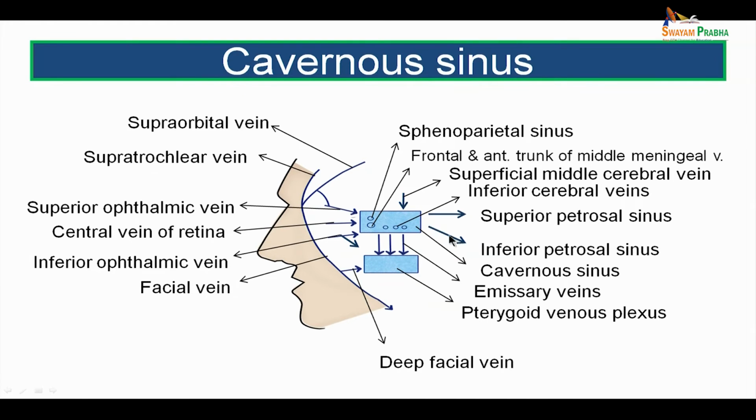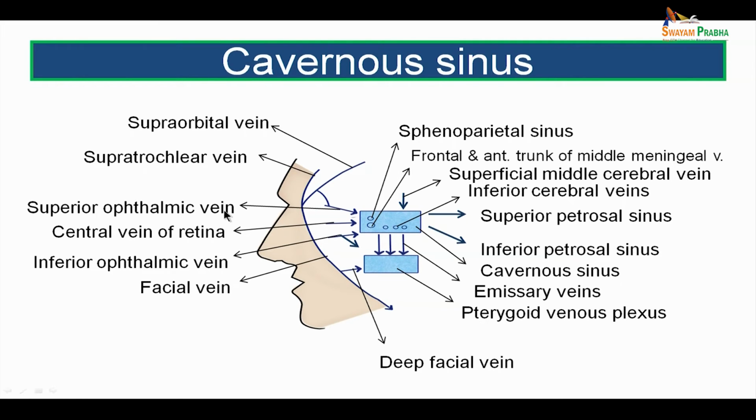It also drains posteriorly through the inferior petrosal sinus into the junction of the sigmoid sinus and the internal jugular vein. The cavernous sinus communicates with the pterygoid plexus of veins through emissary veins. These emissary veins leave the skull by passing through the foramen ovale, foramen spinosum and the foramen lacerum.